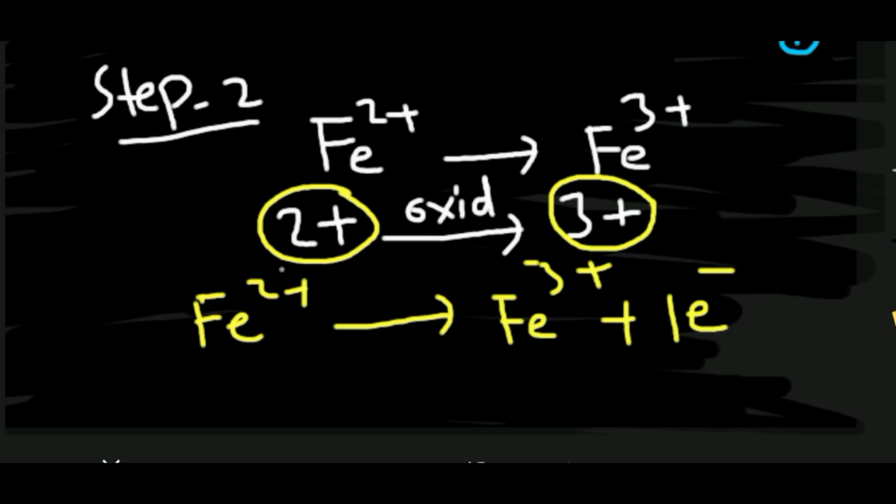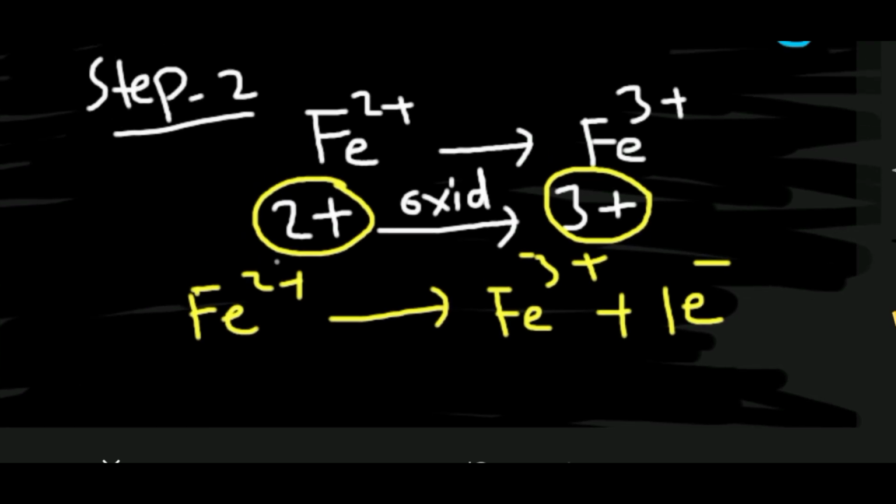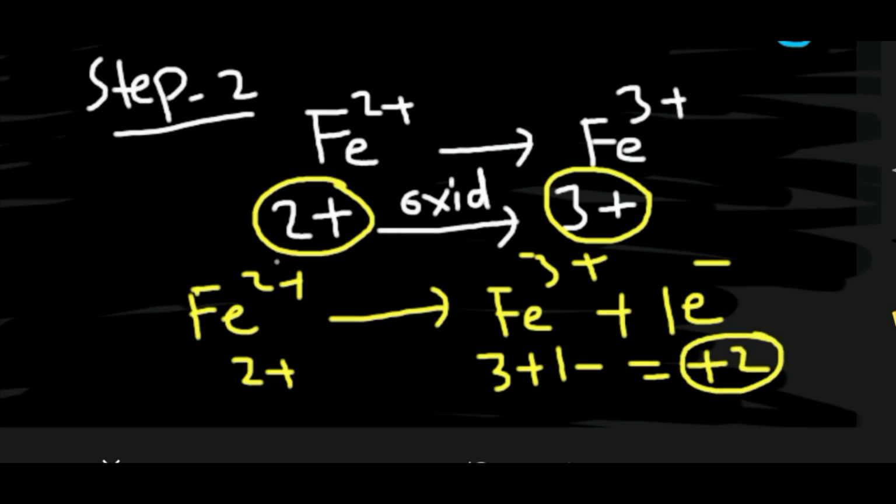So now the charge has been balanced. On the reactant side the charge is plus 2, and on the product side it is plus 3 and minus 1, so that is equal to plus 2. So both are balanced, the charge is balanced. This is our equation number 2.